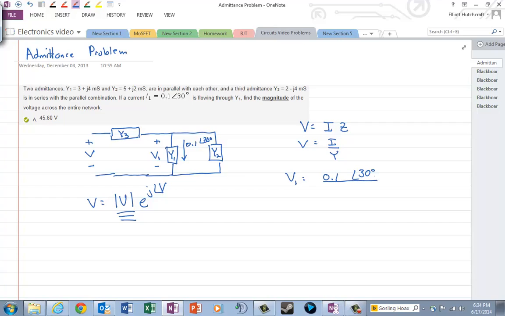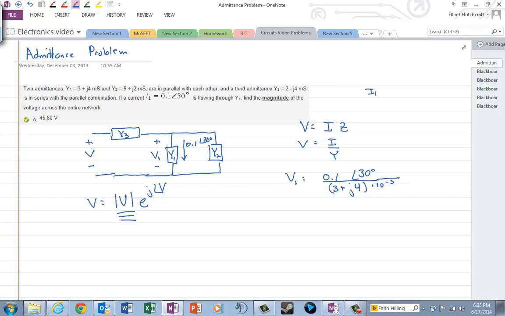And that could also say that's 0.1 e to the j 30 degrees, either way, divided by Y1, which is, what do they give it to us as? 3 plus j4 millisiemens. So that's times 10 to the minus third Siemens. I won't even write the Siemens because I presume they're saying that I1, 0.1 angle 30, is in amps.